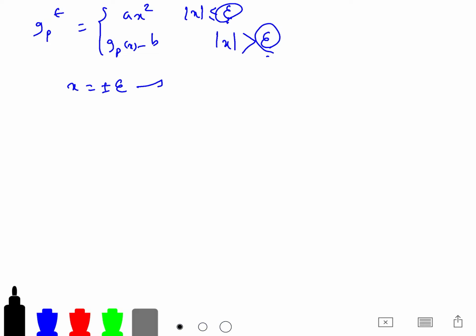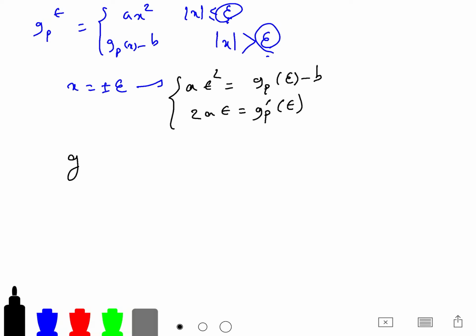So in order to do that, a epsilon squared should be equal to g_p of epsilon minus b. Also, 2a epsilon should be g prime of epsilon.